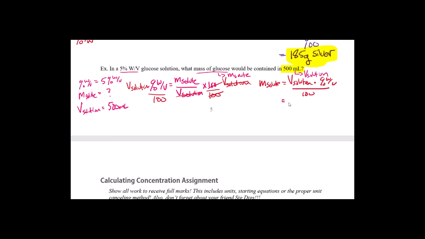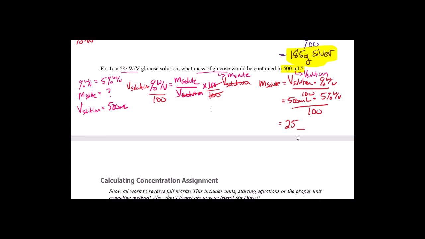We can plug in our numbers. So my V solution was 500 milliliters. My percent was 5% divided by 100. That gives me 25 somethings. Now, we would have to round this here to only 1 sig dig, so we'll do that in a minute.